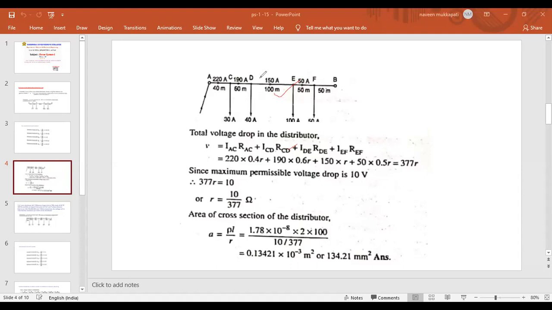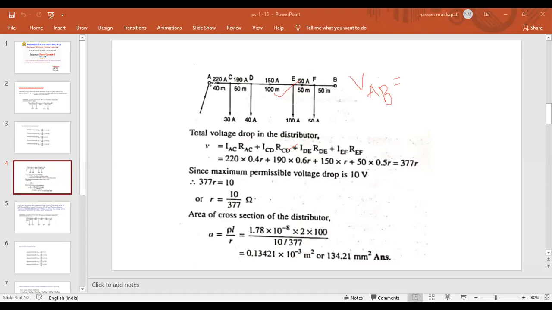First of all, we calculate the total voltage drop, that is VAB. The total voltage drop is VAB, the voltage drop across points A to B.